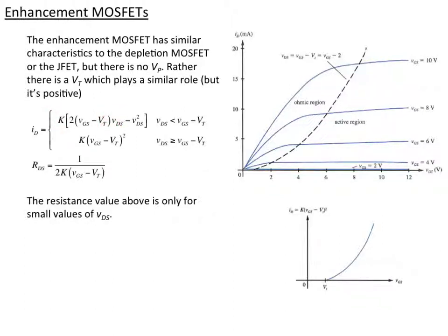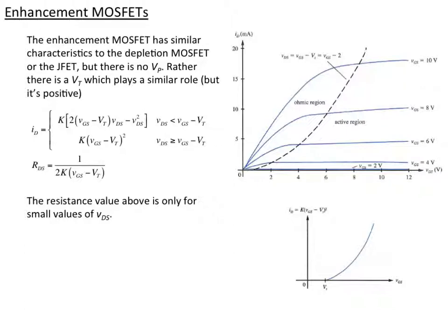Again, it grows linearly in the beginning, with a resistance that depends on how far we're above the threshold, and then it turns over quadratically to match at the line here. And this line is given by when we are one threshold above.